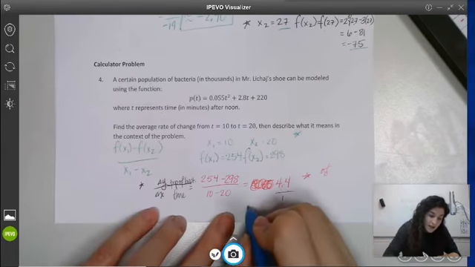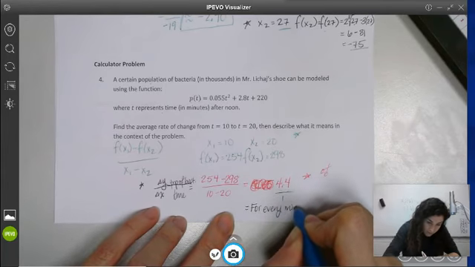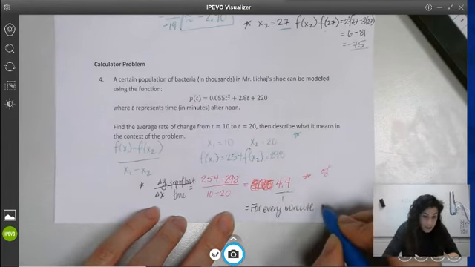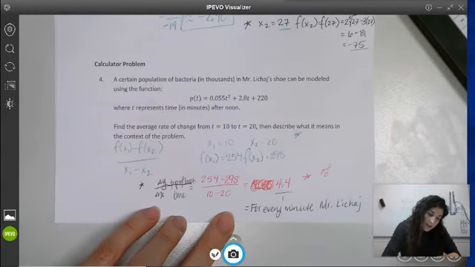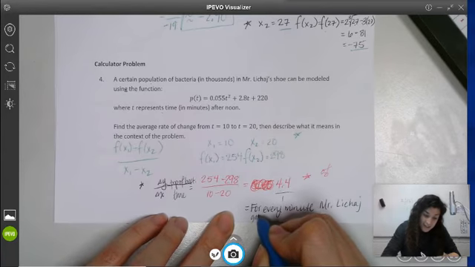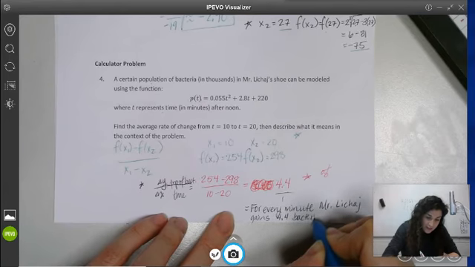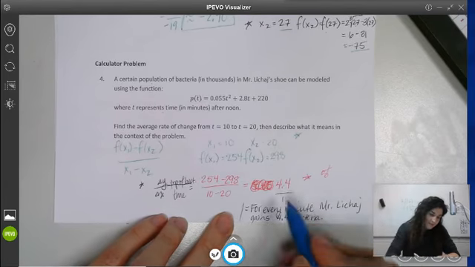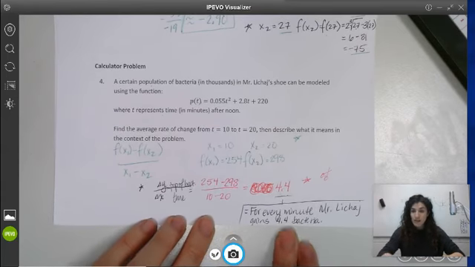It means that for every minute, Mr. Lehigh gains, because it's a positive, 4.4 bacteria.